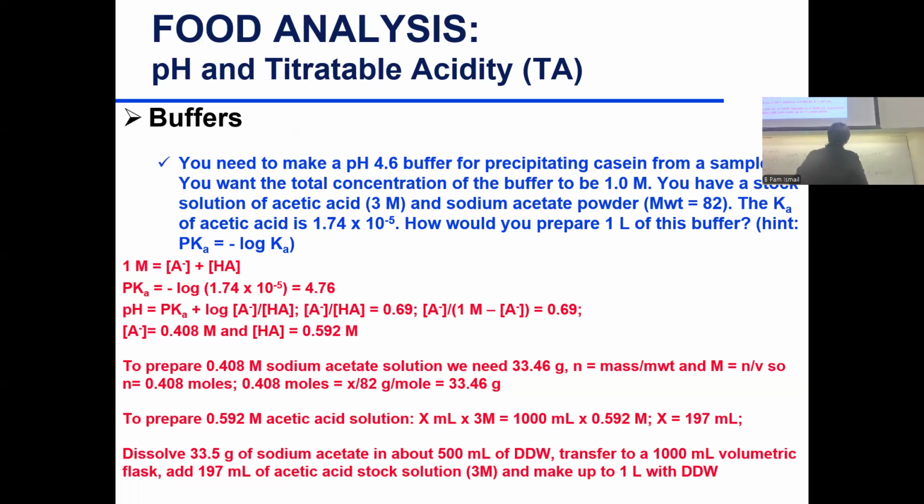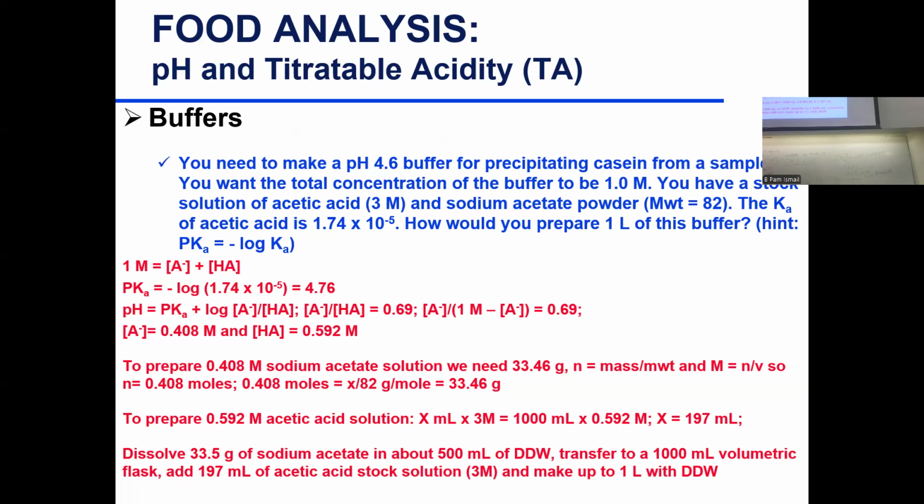For solution A, I would just say, okay, 3M, I need to prepare 1M. And let's say 1 liter of that. And then what's the X ml? And I solve for that and I get the amount of the acid that I need to make up to 1 liter. So I prepared my 1 molar.